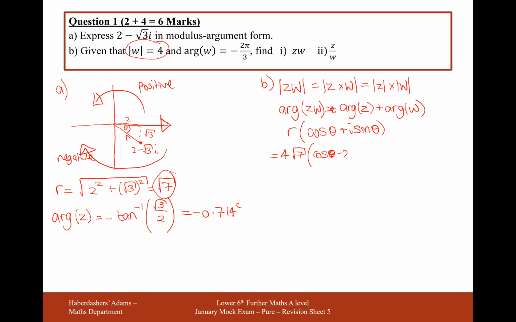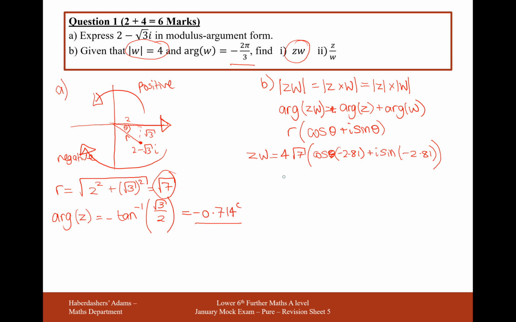What we did to get this is we took minus 2 pi by 3 and added it on to minus 0.714. And then it's plus i sine of minus 2.81. So that's the complex number for zw.